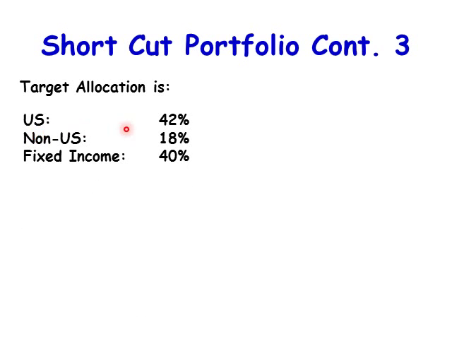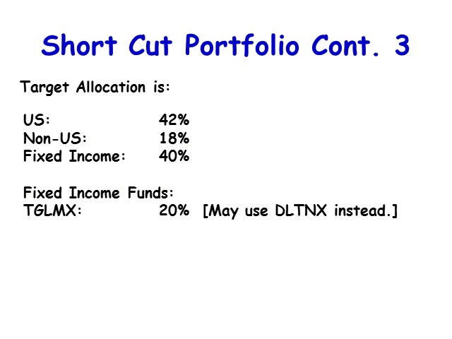Again, we have US 42%, non-US 18%, and fixed income 40%. We already have US and non-US allocated. Now we will do the fixed income funds. We have two funds, TGLMX and MWTIX, and we need 40%, so it's 20% each.